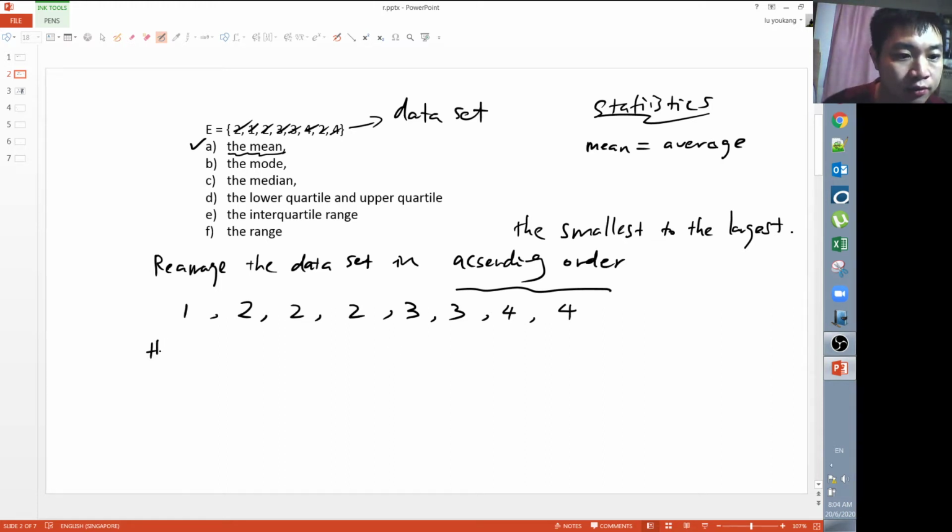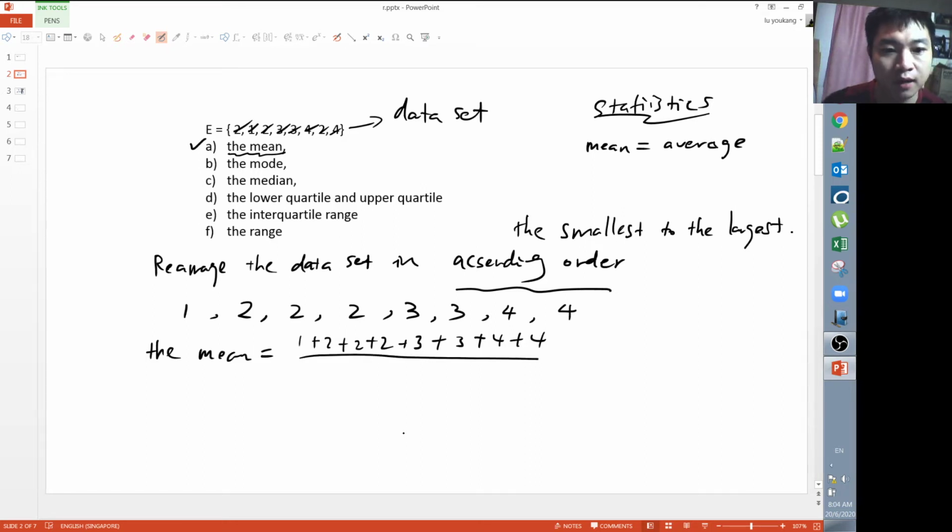The mean is equal to 1 plus 2 plus 2 plus 2 plus 3 plus 3 plus 4 plus 4 over how many numbers you have here. You have 1, 2, 3, 4, 5, 6, 7, 8, so 8 of them. You take the sum of all these numbers and divide by 8, the number of numbers in the data set. That's how you get your mean.